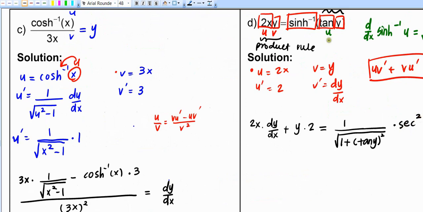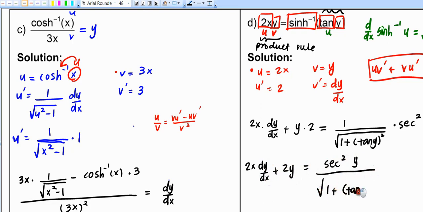Next we need to differentiate y with respect to x, which gives dy over dx. Now you have differentiated completely, and the next step is to simplify. So 2x dy dx plus 2y equals secant squared y over square root of 1 plus tangent squared y, times dy dx.